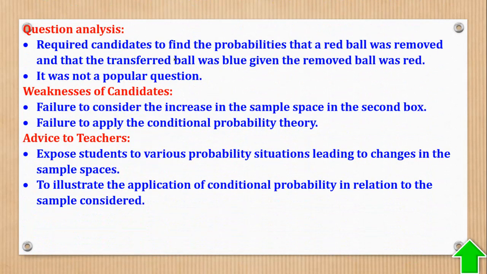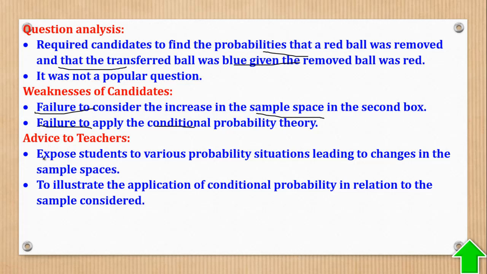So the question required candidates to find the probabilities that a red ball was removed and that the transferred ball was blue, given that the removed ball was red. The weakness was, one, failure to consider the increase in the sample space in the second box, and two, failure to apply conditional probability theory.